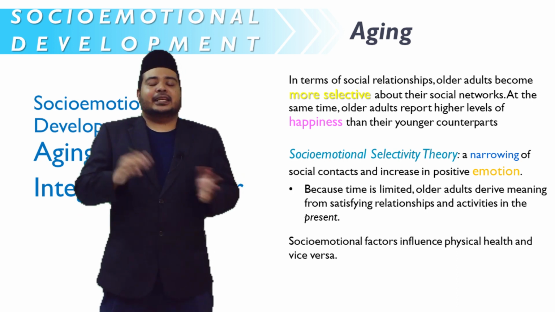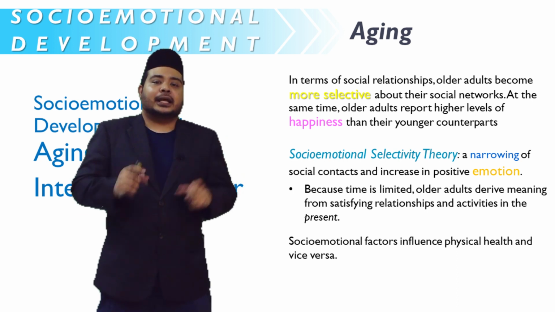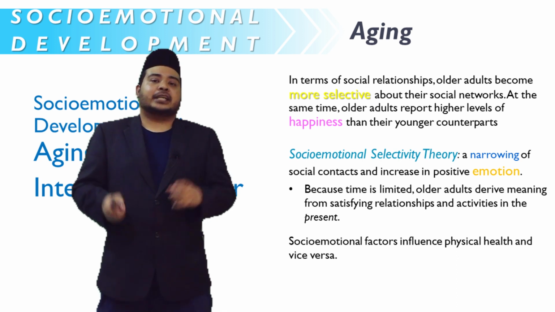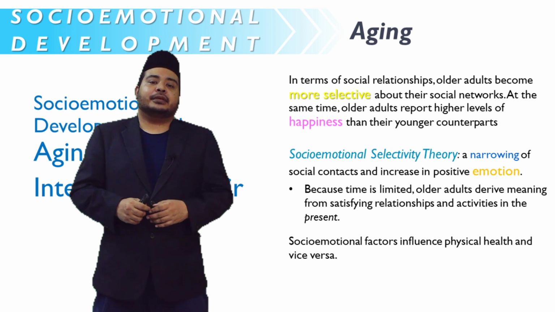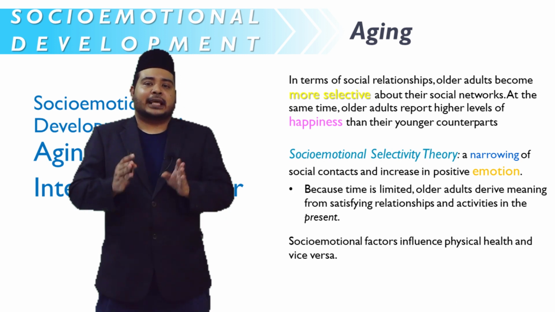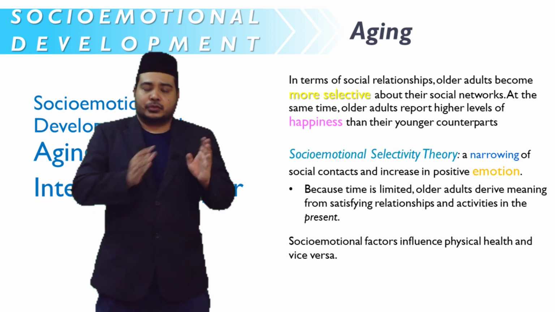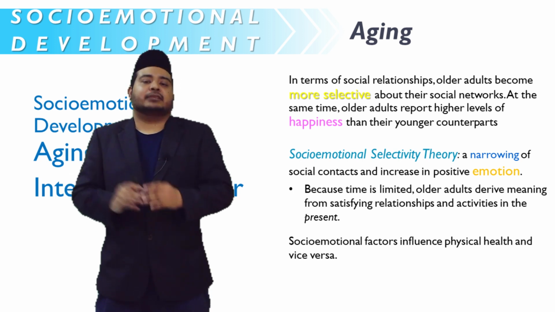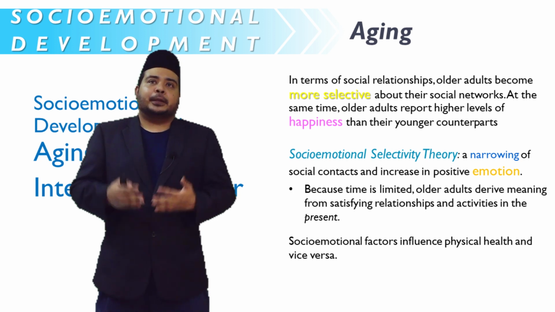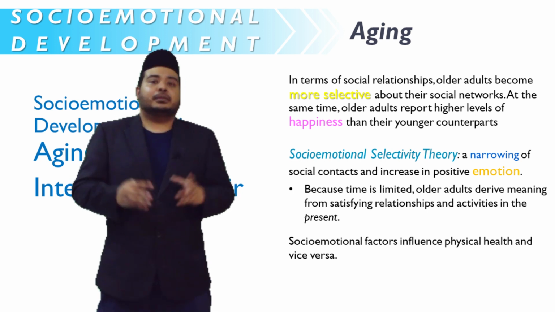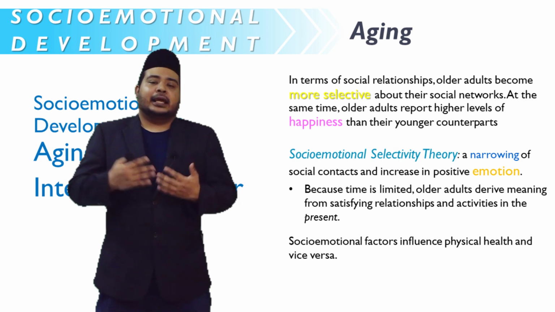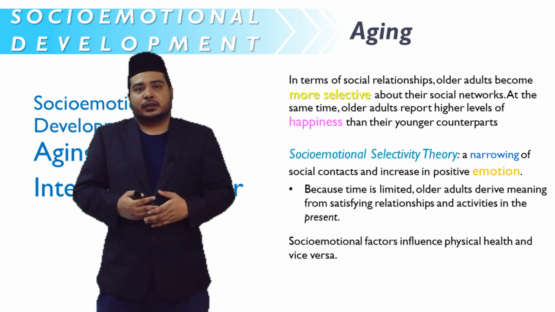So at this stage, the behavior of these older adults can be explained. This selective behavior can be explained by socio-emotional selectivity theory. Based on this theory, it explains the behaviors of people of this age: a narrowing of social context and an increase in positive emotion.